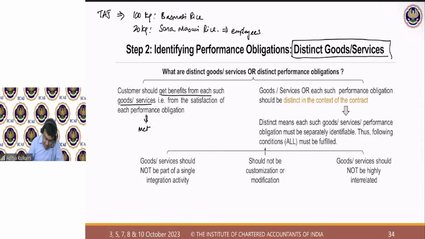So is 100 kg of basmati rice and 20 kg of Sona Masuri rice giving rise to benefits for the hotel? Are these two categories of goods giving rise to benefits for Taj? Yes or no?